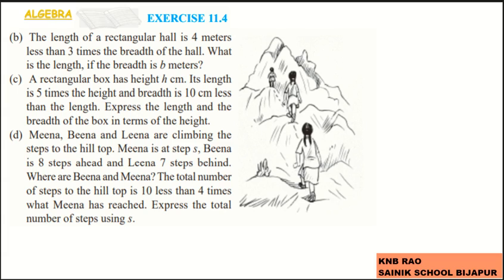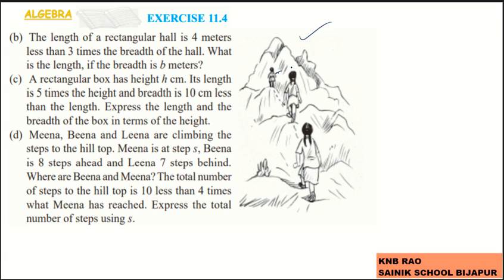Now coming to question number D. Here this figure explains the complete question. Meena, Beena, Leena are climbing the steps to the hilltop. Meena is at step number s. Beena is 8 steps ahead. Now tell me, who is Meena and who is Beena?